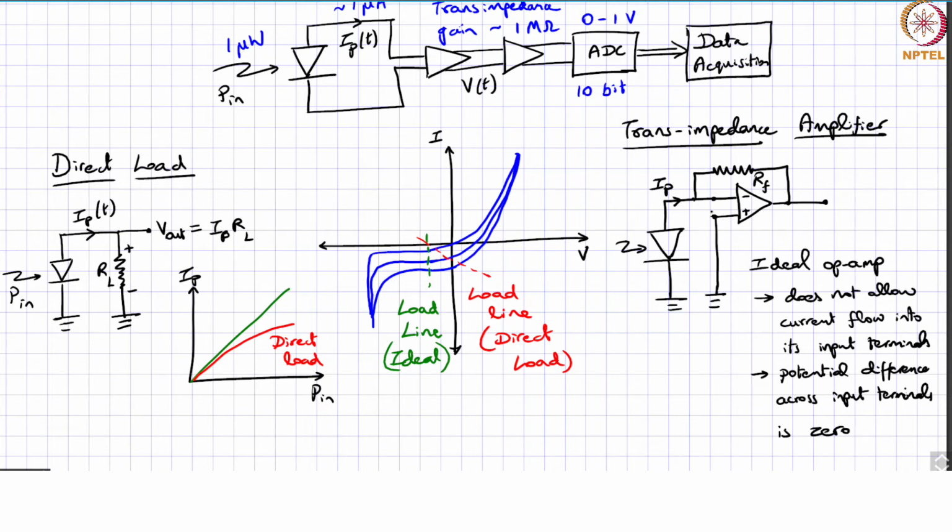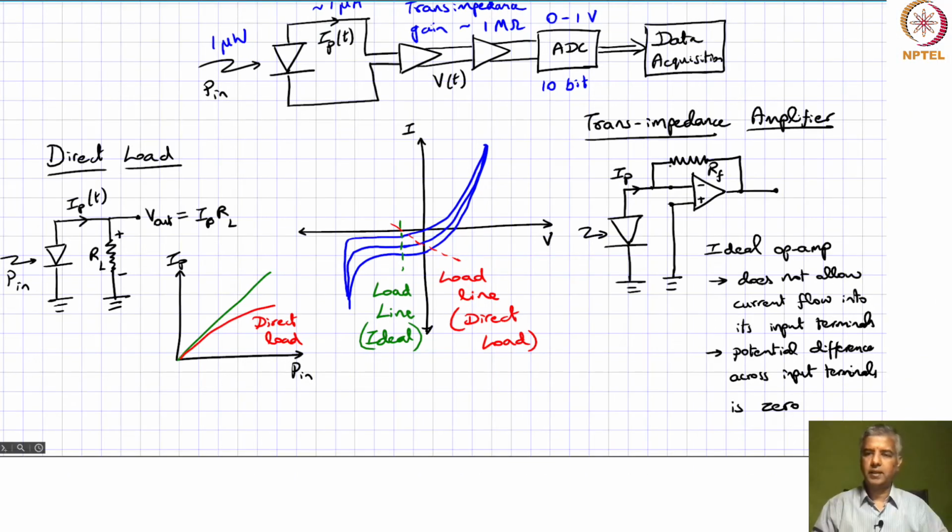So what does the op amp do? The op amp essentially sources a current from its output and tries to negate that potential, with the effect that the output voltage across this point corresponds to minus RF multiplied by IP.